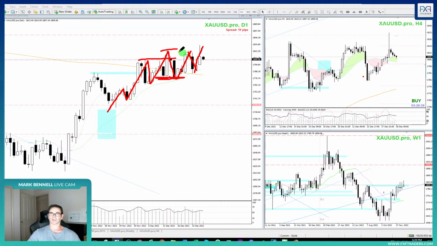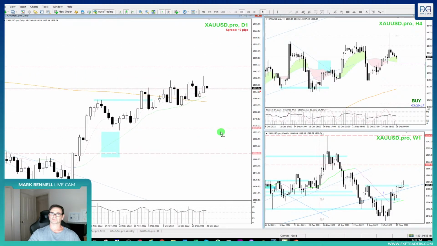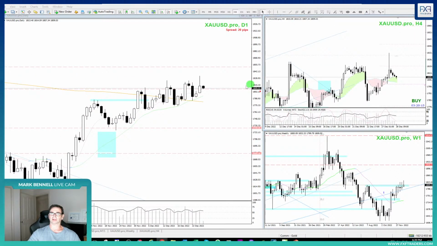Look, lack of projection again. Deep pullback. This is synonymous with the reset or the reversal. And then again, it can just go sideways and then pop. But either way, the trend is not kind of steady, is it?